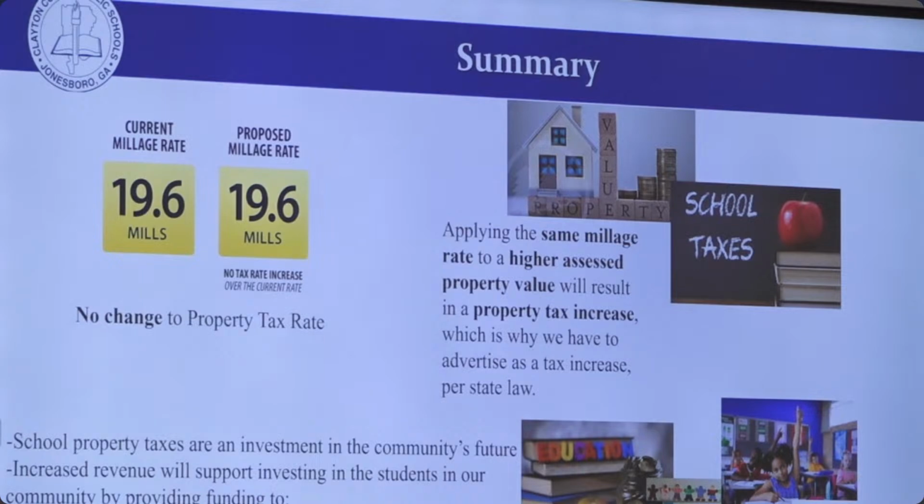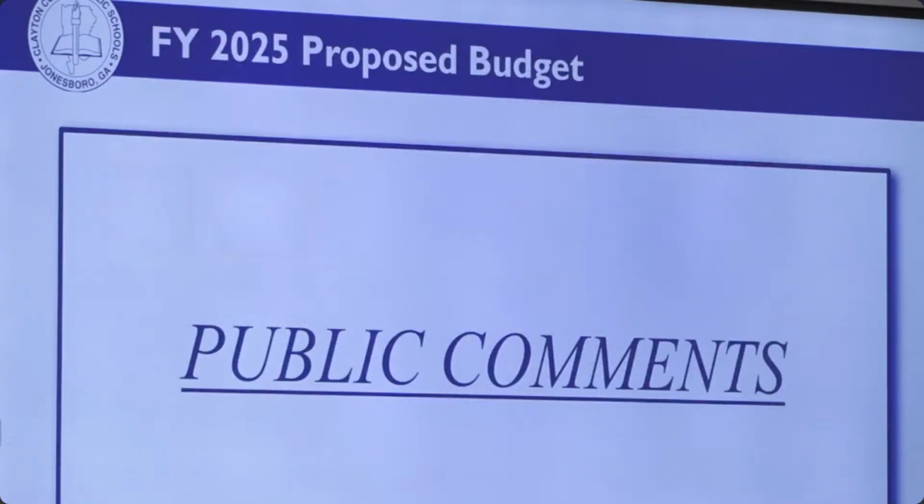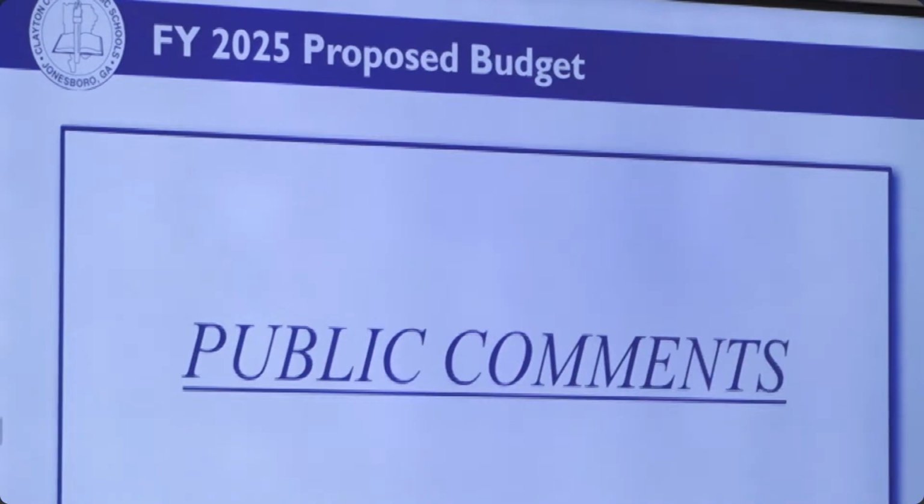This additional revenue will support investing in the students in our community by providing funding to support our strong academic programs, supporting our safety and security initiatives for our students and staff, supporting our athletic and band programs, and providing compensation enhancements for our teachers. Mr. Chair, that's all I have this morning. So I will turn this back over to you.